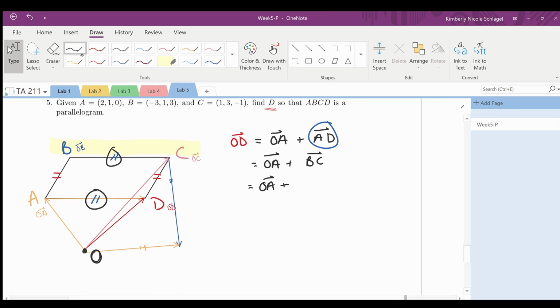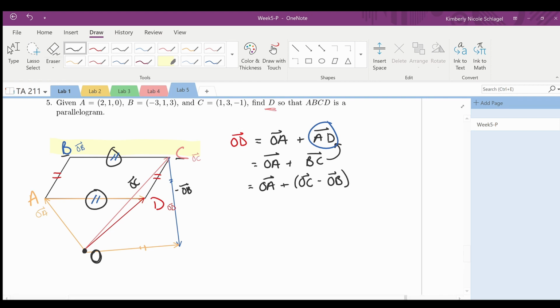And this is in terms of things that we know, right? Because this line here that we wrote down is OC, and this one is minus OB, okay? So we can just write that down: OC minus OB, okay? So this is enabling us to figure out what the line BC equals, and in turn, the line BC equals AD. So that's going to help us figure out our AD.